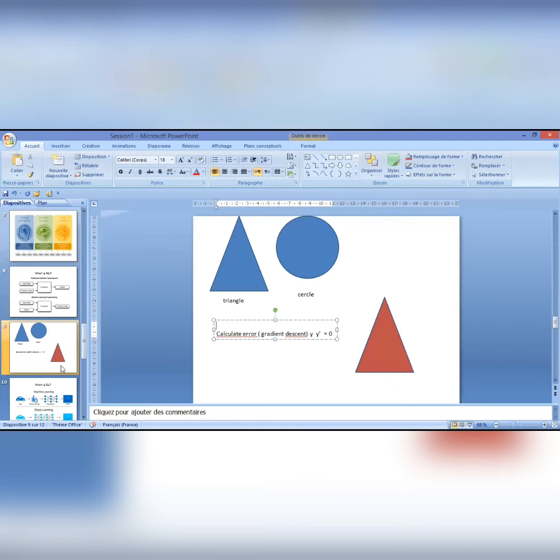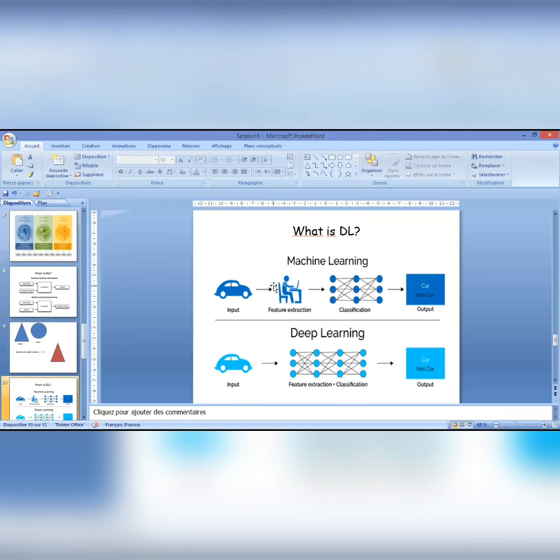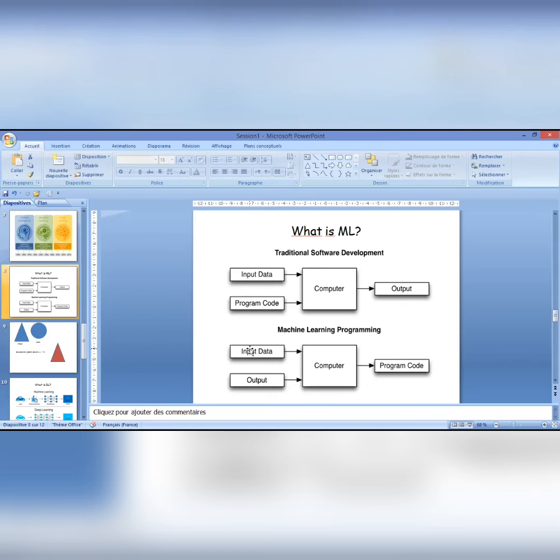So when it comes to deep learning, we will not try to give the machine how to extract the feature. We will only give it the input, this is the input data and the output.